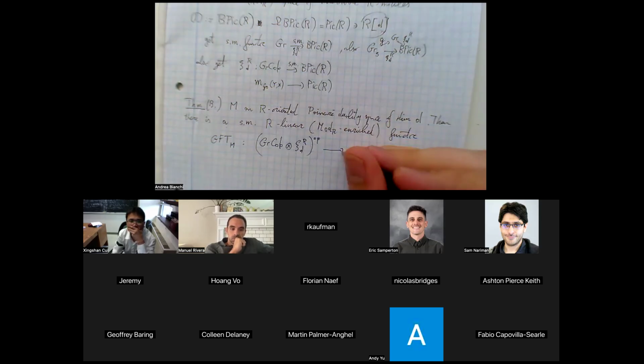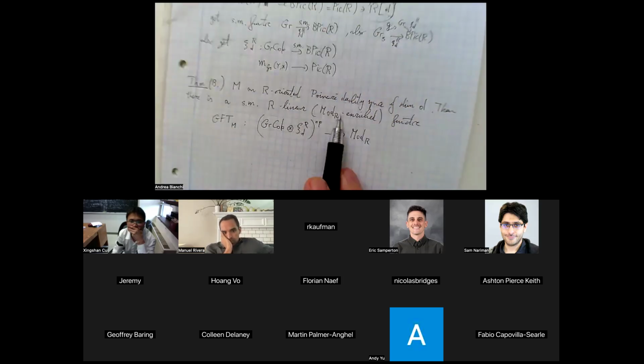So let me say what this is. This is supposed to be a category enriched in R modules, and so chain complexes of R modules. I think this is the right intuition. And its objects are supposed to be the same as those of GR-cop.